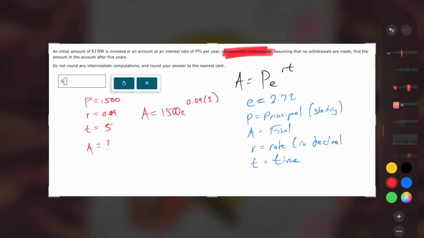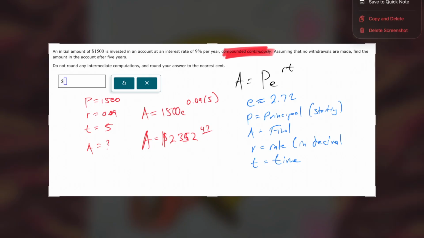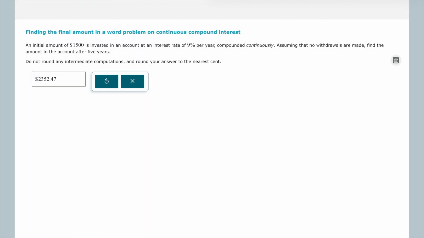Does my phone have the E button? So E to the R is 0.09 and T is 5. So this should be about 2,352.47. Okay, so that one's pretty easy because you're just plugging it in.